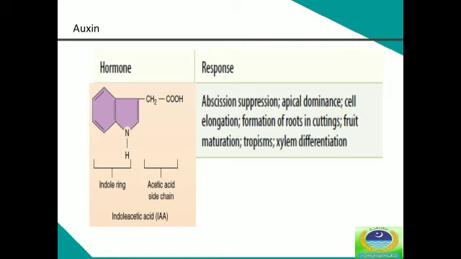Abscission is the development of an abscission layer, following which the leaves or fruits may fall off the plant. Another response is apical dominance, that is, the bud at the tip of the plant, or apical meristem, suppresses the growth of lateral buds. So if you want to control the height of a plant, especially in horticulture, they often do excessive pruning.